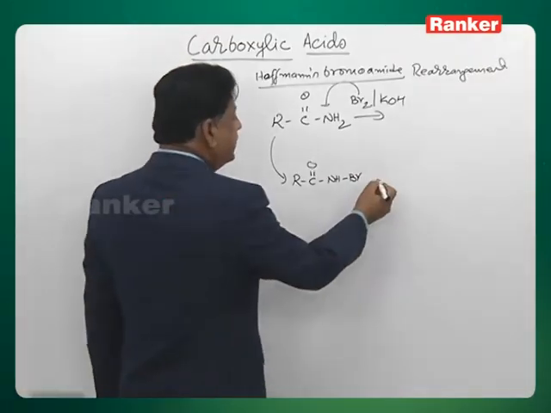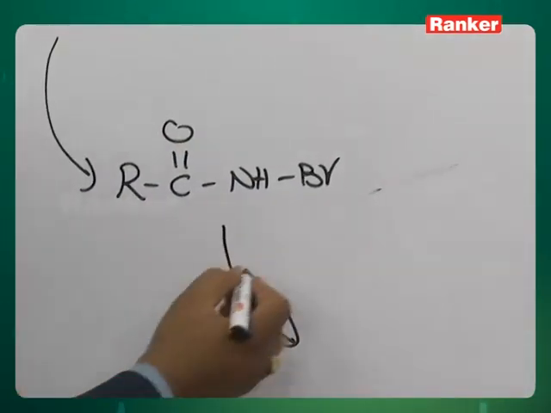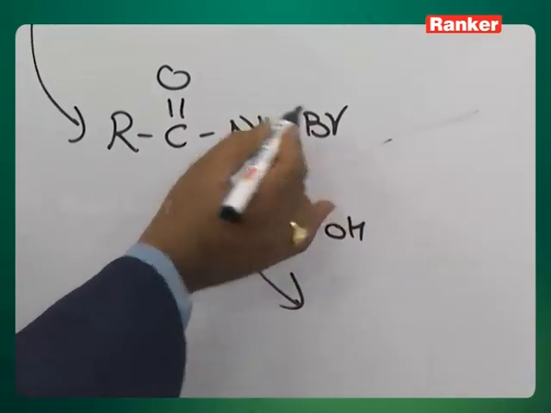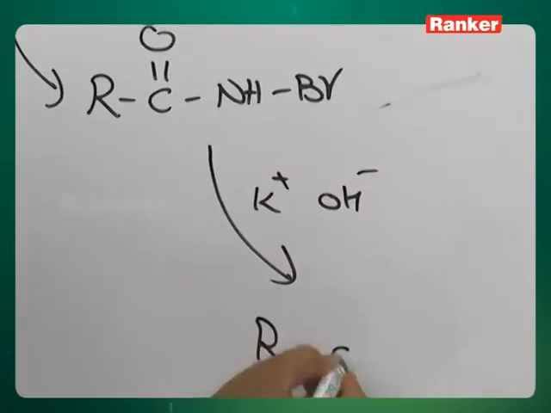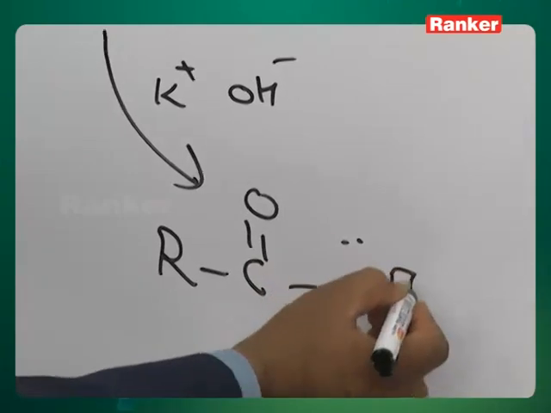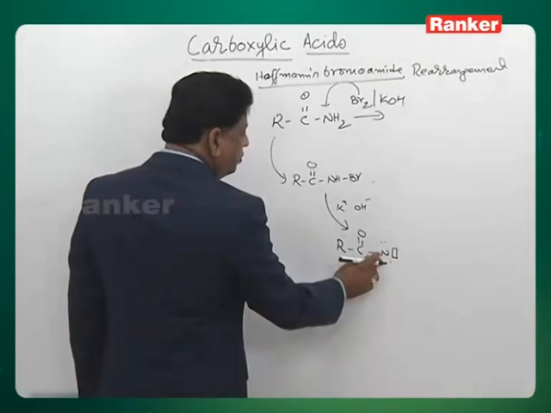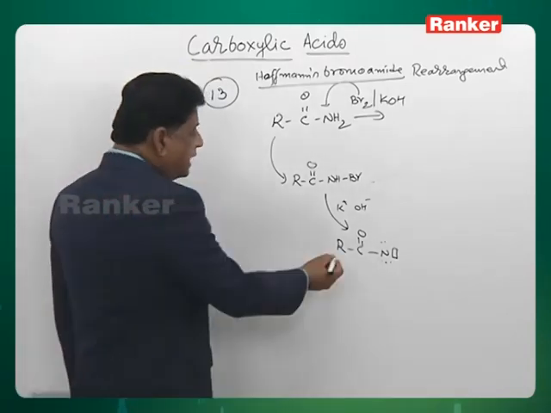In the next step, KOH in alkaline medium, with K plus and OH minus, K plus will take away Br minus and OH will take the hydrogen. Subsequently you will get an N with a lone pair, a vacant orbital and a minus charge. This is an electron deficient nitrogen called nitrene, acyl nitrene.